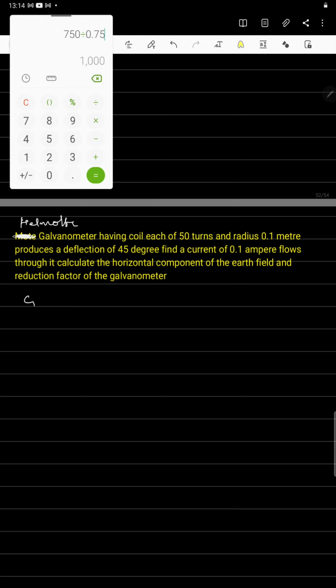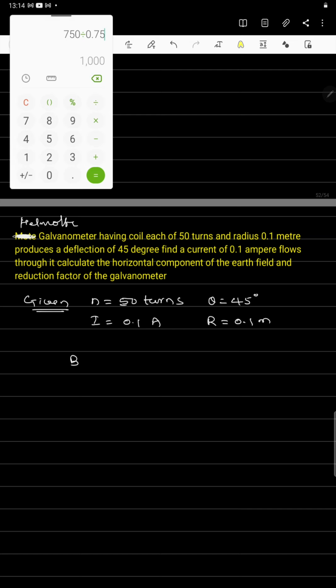So let us write the given things. N is given, that is 50 turns. Total number of turns is 50, and the given theta is 45 degree, and the current is I equals 0.1 ampere, and radius r equals 0.1 meter.